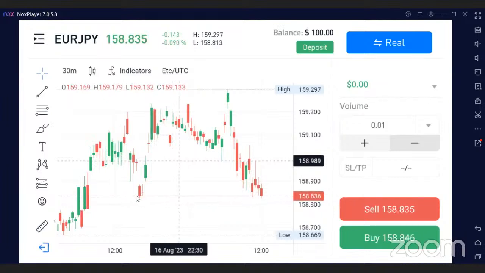Because this is also a retest, but the market actually broke out from this zone, because this is an uptrend, and it hasn't retested it before. So you can call this a strong zone. Our support and resistance, you can call this a strong support, and this is a strong resistance. Why? Because price has been touching it for a long time.